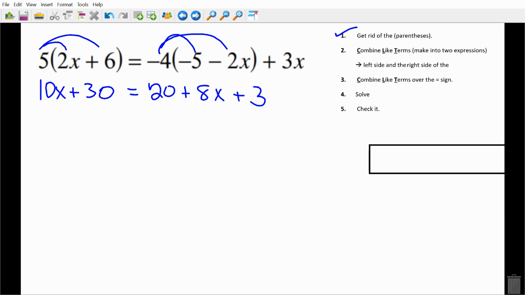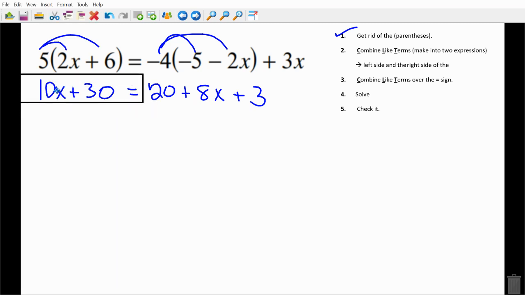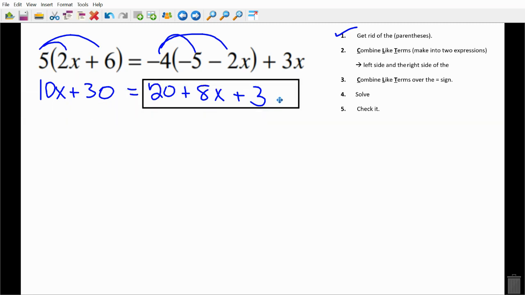Step 2. Again, let's take a look. Can we do anything with 10x and a positive 30? No, because one's a variable, one's a constant. Let's go over here. Can we do anything over here? You have a constant plus a variable plus a constant. You heard us say constant twice on that right side. So let's combine those two things. We don't do inverse operation.